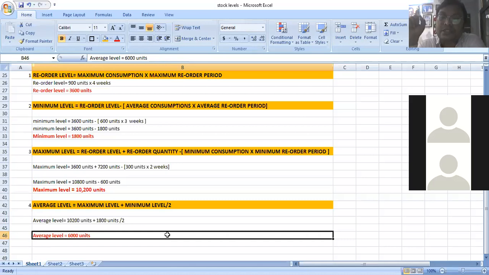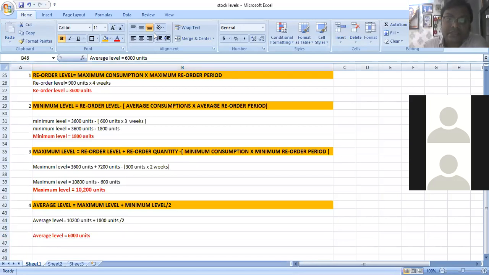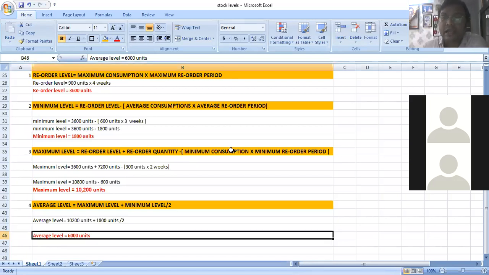So please focus on reorder level and remember all the formulas. The technique to remember the formulas I already explained in the last lecture. Please pay attention and write out all the formulas in your book. The videos are already given, and I will post this video in the group also, so please view it for revision.